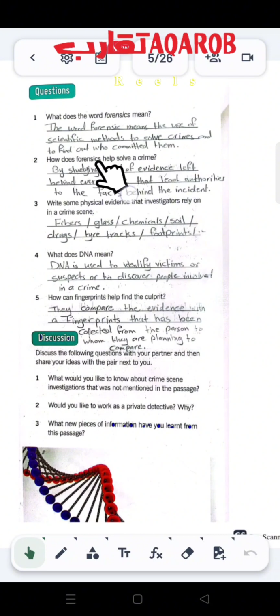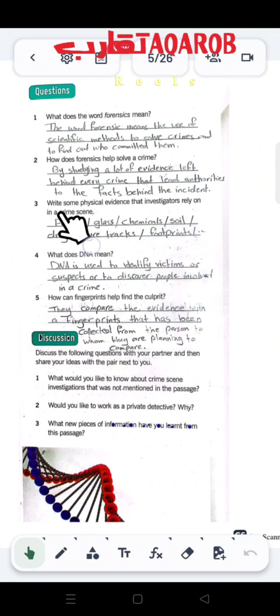Question number 2, how does forensics help solve crime? It helps solving a crime by studying a lot of evidence left behind every crime that lead authorities to the facts behind the incident.